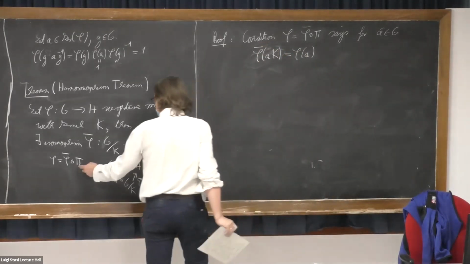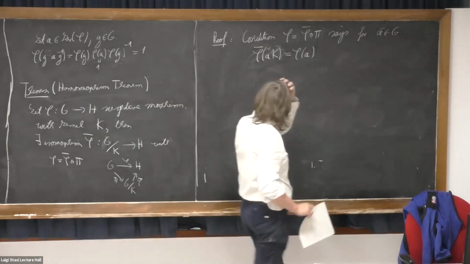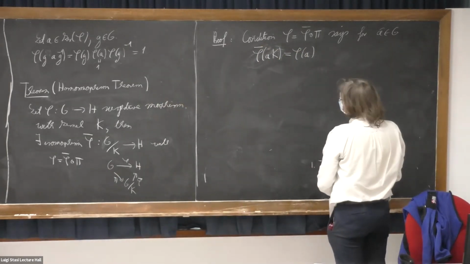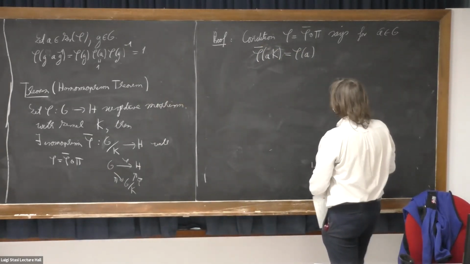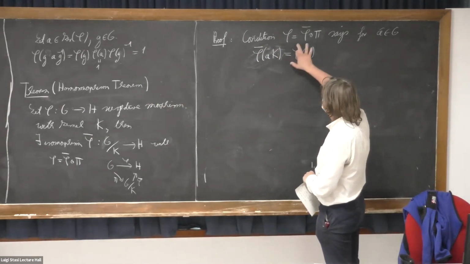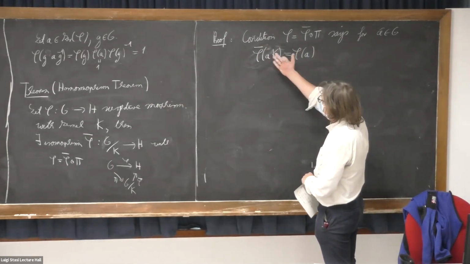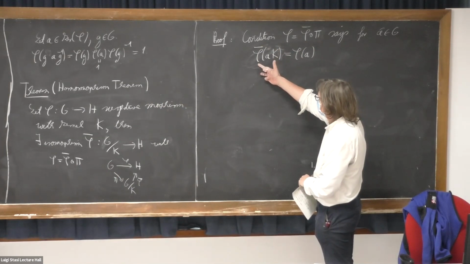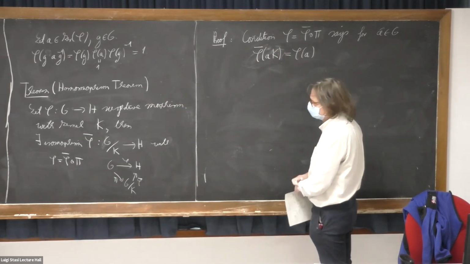Pi is the map that sends A to AK. And so obviously if this is the condition that we have, then the way to define P bar is that we define this.